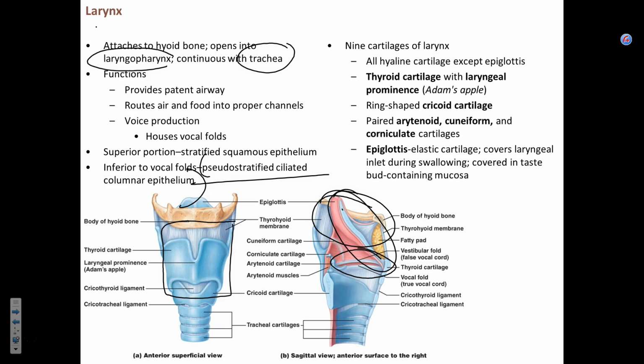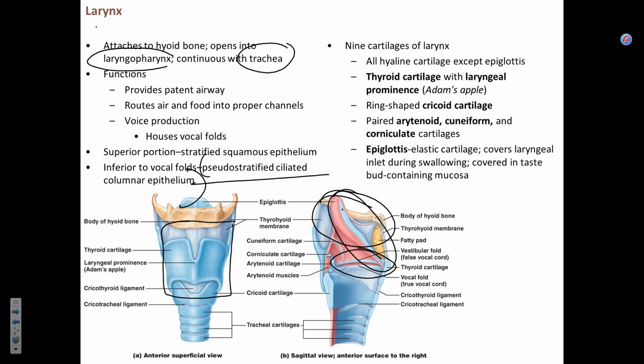Now this time cilia propel mucus upwards so it can reach the junction between the esophagus and the larynx and get swallowed and end up in the stomach. Okay?